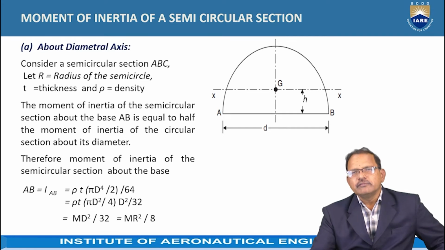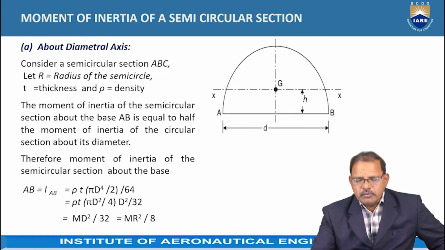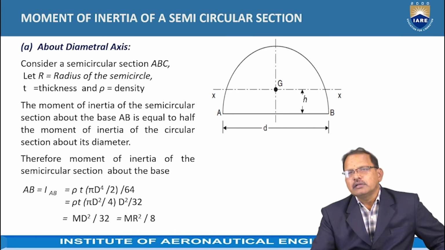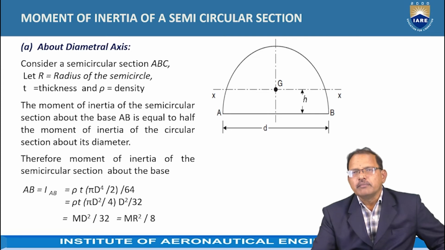The moment of inertia of the semicircular section about its base AB is equal to half of the mass moment of inertia of the circular plate about the diameter AB. Therefore, the moment of inertia of the semicircular section about the base is IAB, which is given by rho t pi d to the power of 4 divided by 64, divided by 2.